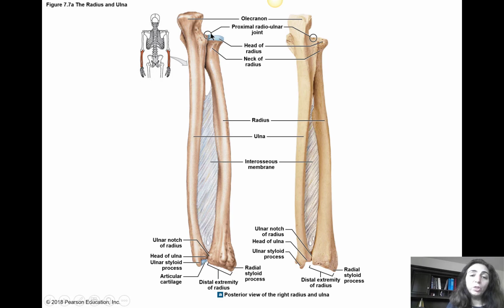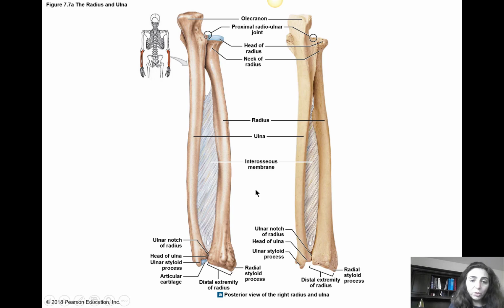And you have a joint here, the proximal radio-ulnar joint, the joint between the radius and ulna. We call it proximal because it's on the upper end, and you have another one between the radius and ulna, which hasn't been shown here, but that's the distal radio-ulnar joint.